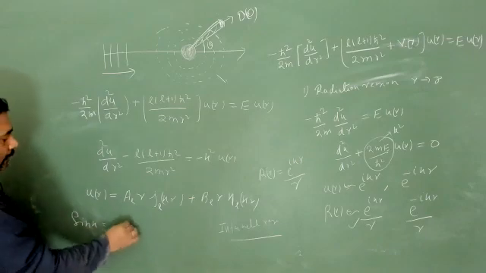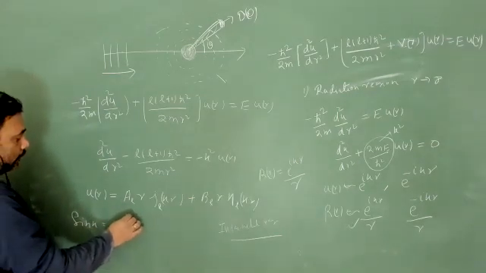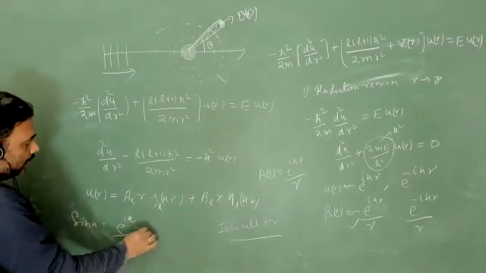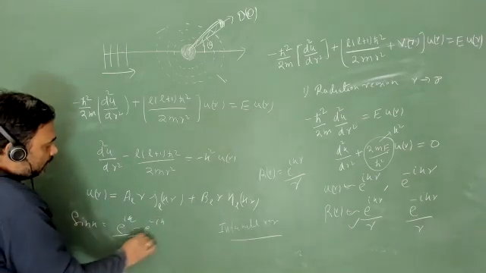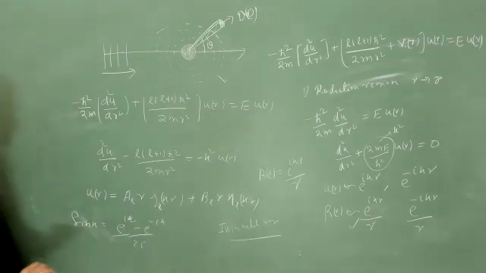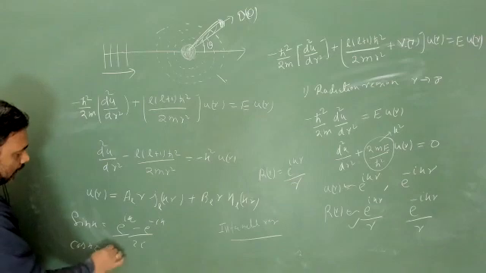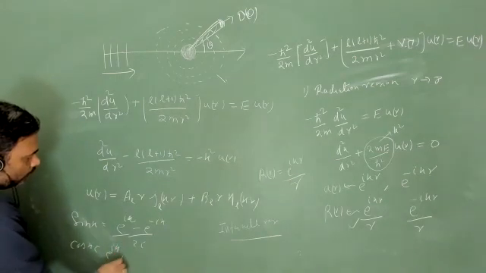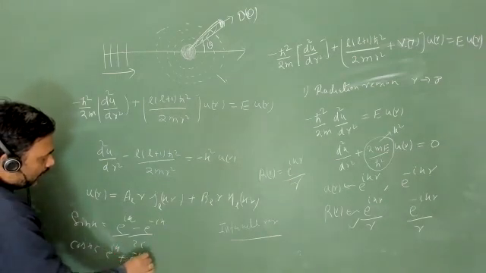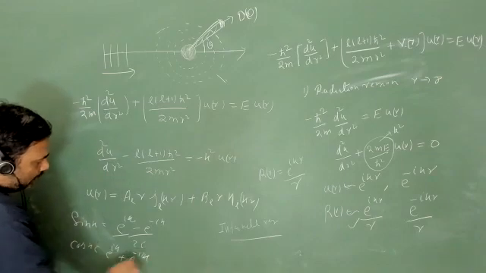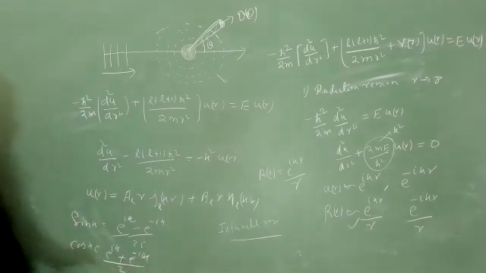Then this sine function can be written as e to the power ix minus e to the power minus ix by 2i. Can we write that? Yes, sir. And similarly, we have the cos function, and this will be e to the power ix plus e to the power minus ix by 2, right?